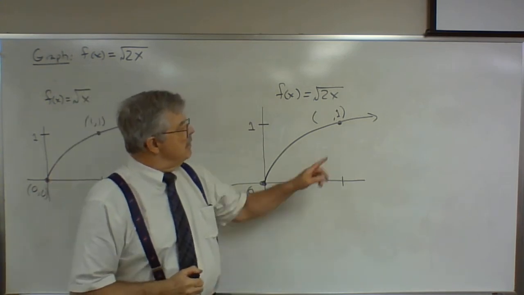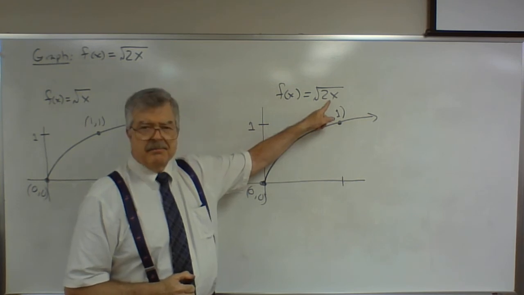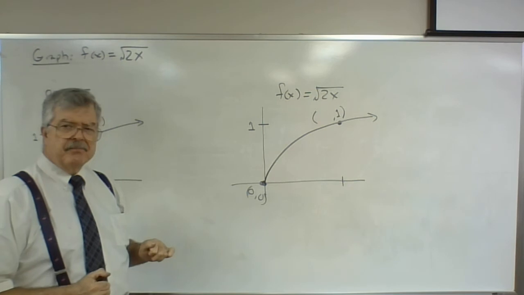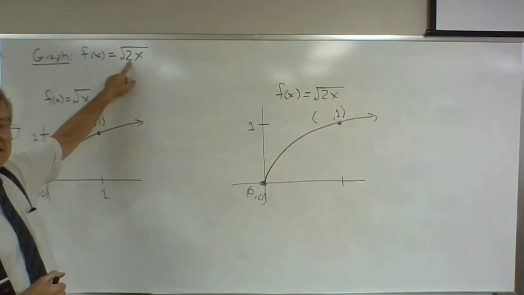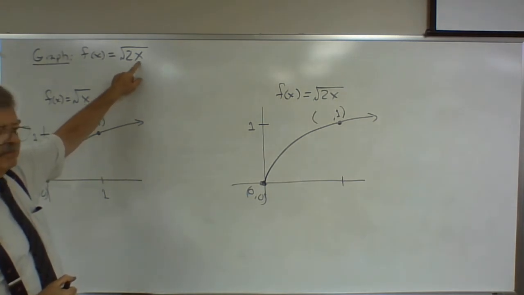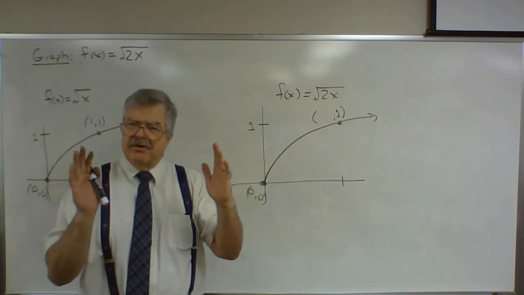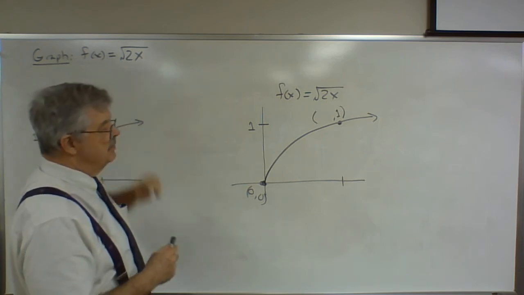I want to know what x coordinate goes in here. And what we've been seeing is that if we take the inside of the function and multiply by a number, that compresses the graph by a factor of 1 over that number.